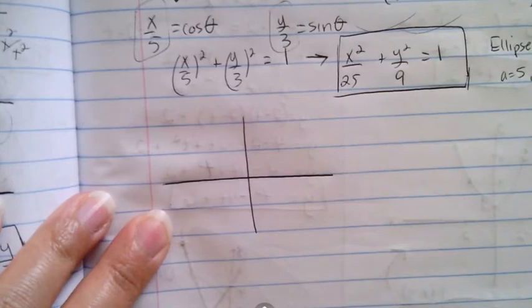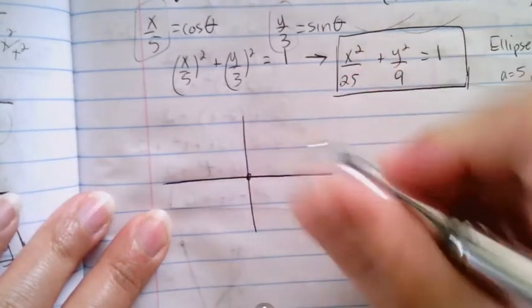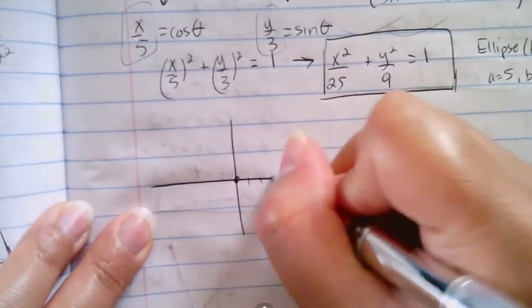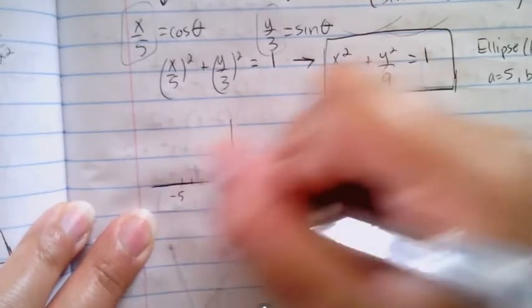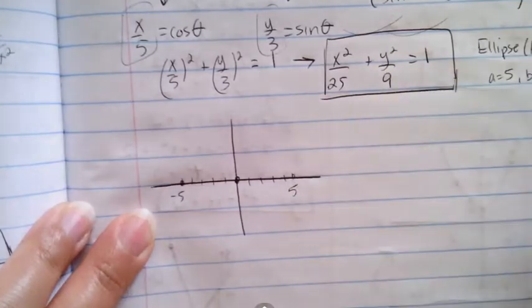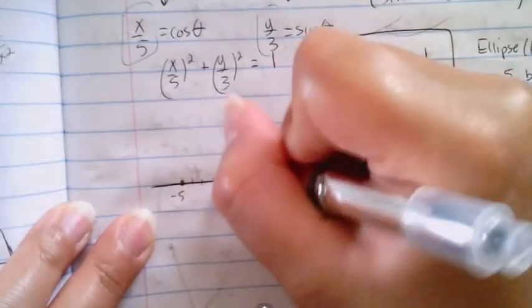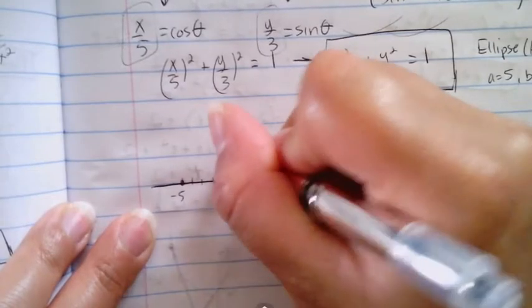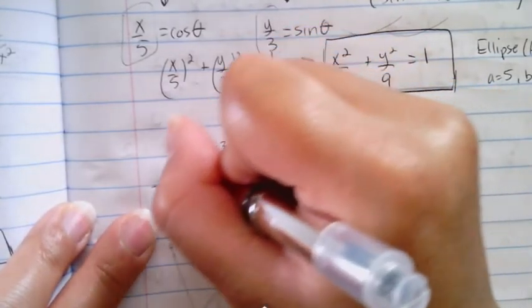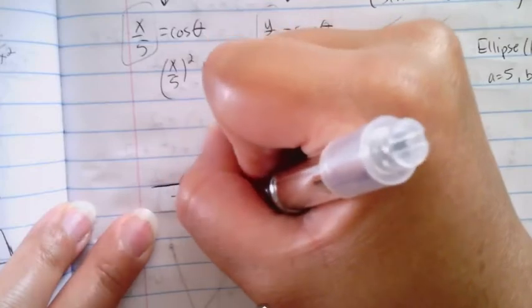We have 0, 0, and then we have horizontal. So 1, 2, 3, 4, 5, and 1, 2, 3, 4, 5. So there are 2 points, and then we have our minor axis of 3. So 1, 2, 3, 1, 2, 3. And here is my ellipse, and I'll put the direction in just a bit.